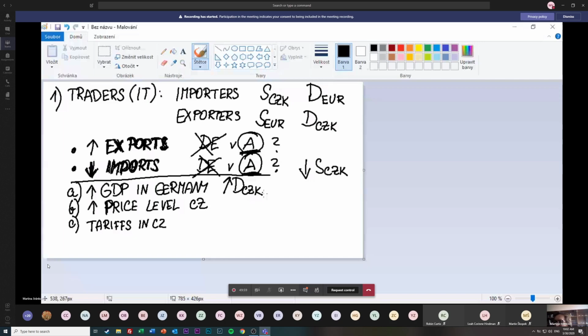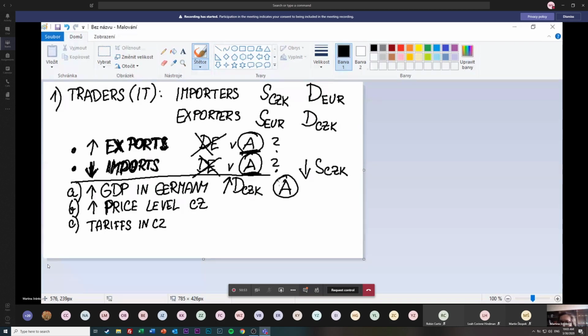Right. Let's go to the second case. If there is an increase in the price level in the Czech Republic, other things equal, that means there is no change in prices in Germany. That means that our goods and services are now more expensive.